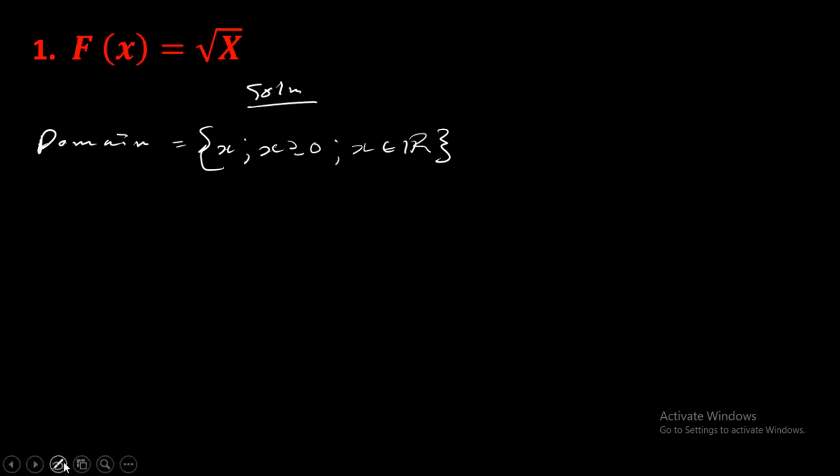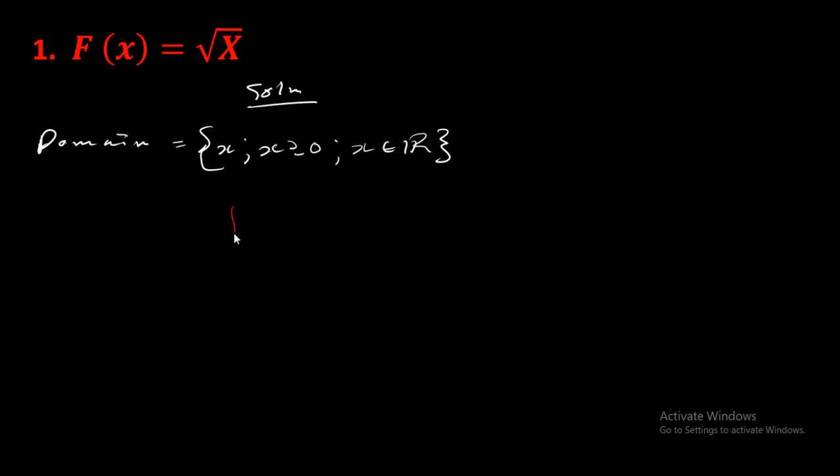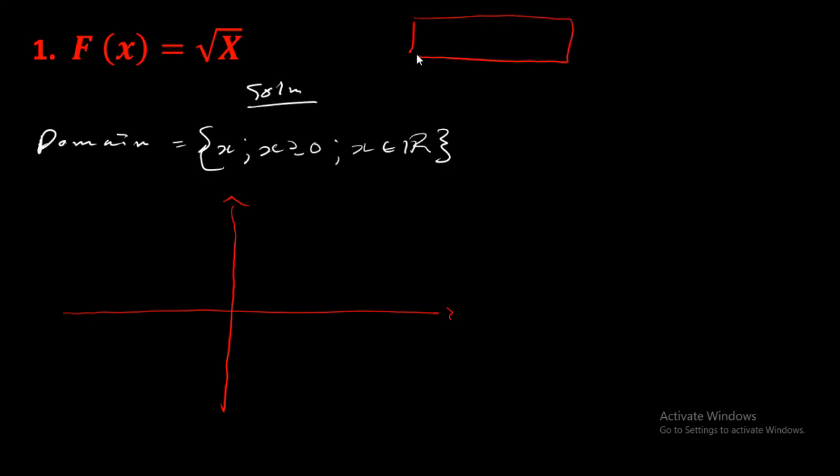So we can easily sketch this function, whereby we have the y-axis and the x-axis. Let's say we have x here and y here. When x is 0, y is square root of 0, which is 0.